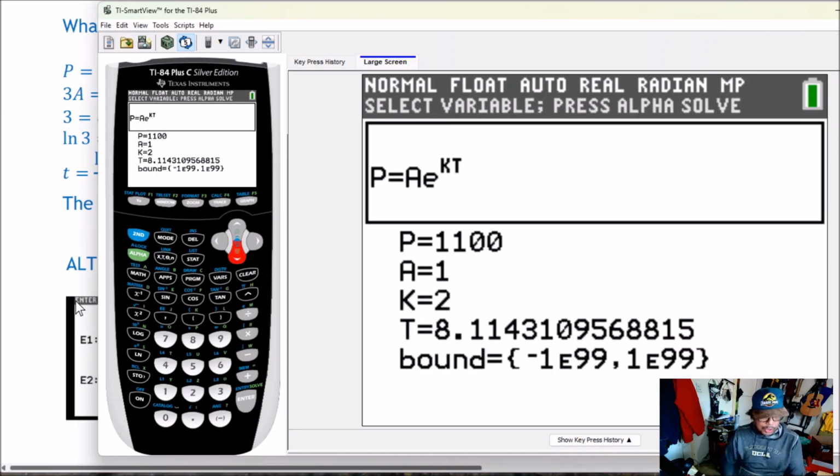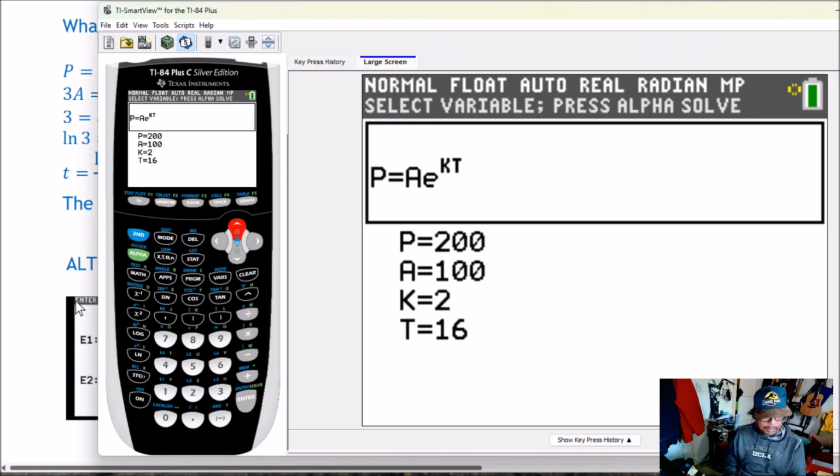The only issue we have with this is we do need to start with a value of A. So let's say that A starts at 100. That's always a good place to start. And if A is 100, then the population will double when P is 200. And that's going to happen when t is 16. Okay.